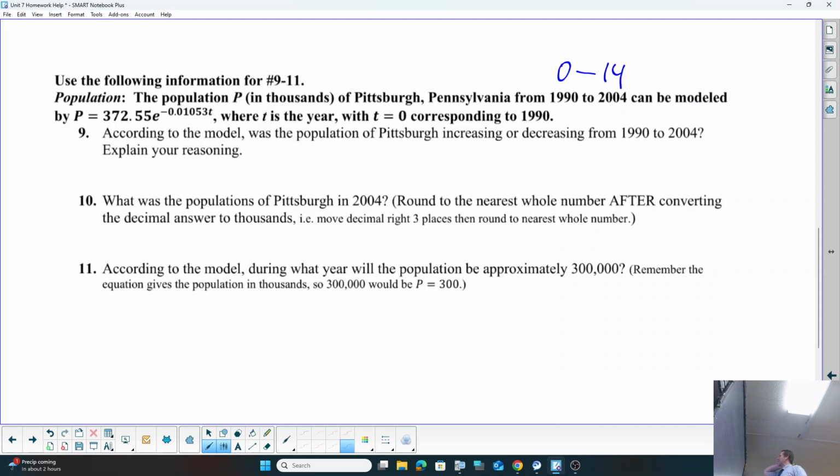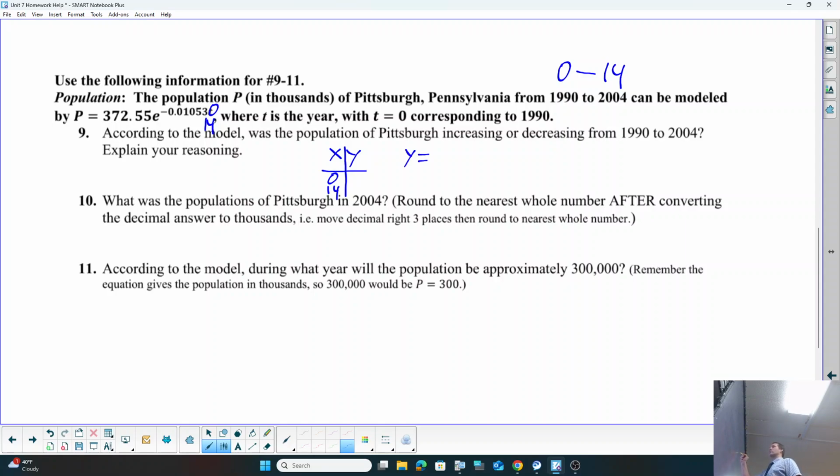Well, I guess if we plug in a 0 into the equation, right? So we're kind of doing like an XY table maybe for this one. Or we could even graph it. Do you want to graph it? So we could do an XY table. And so we're basically going from 0 to 14. So was it increasing or decreasing from 0 to 14 basically? So we're going to plug a 0 in here, and then we'll plug a 14 in. Okay, here we go.